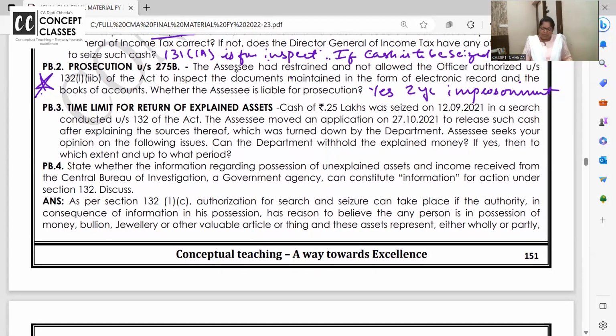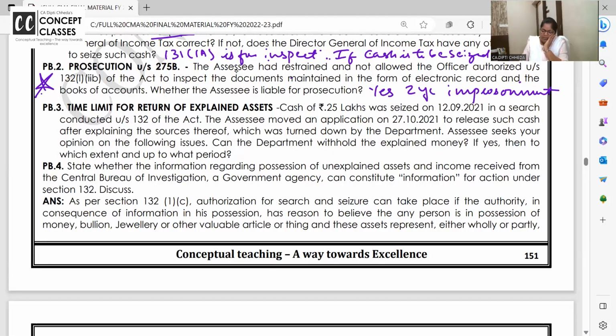Time limit for return of explained assets. Whenever assets are explained, then from the month in which they have been seized, from the end of that month to 30 days, they can file an application for release of the asset and it will be released within 120 days of the, not the assessment, just the completion. Okay.